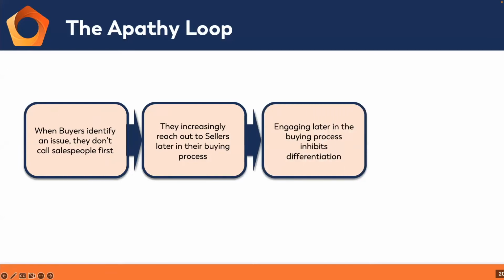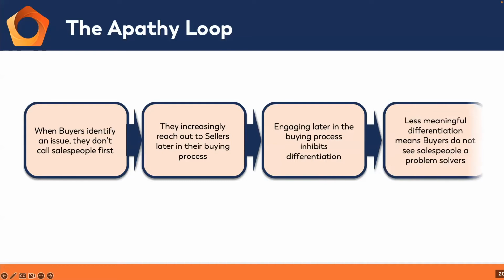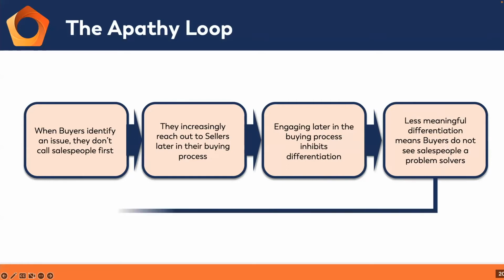As they engage later in the buying process, this inhibits the salesperson's ability to create differentiation. So maybe it's responding to an RFP, and it's only the RFP response that is the opportunity to create differentiation. Less meaningful differentiation means that they reach out to sellers later in the buying process, and around the apathy loop we go again.